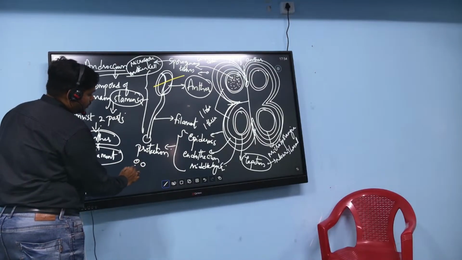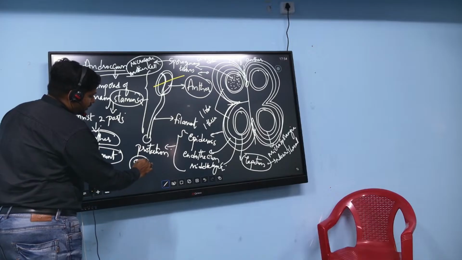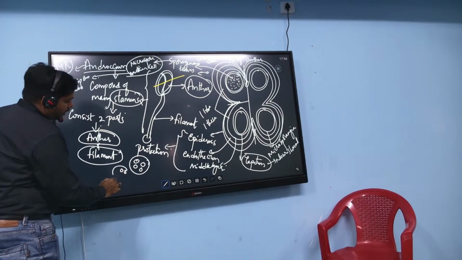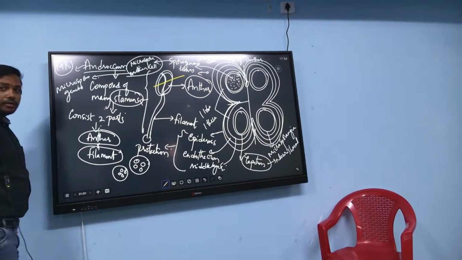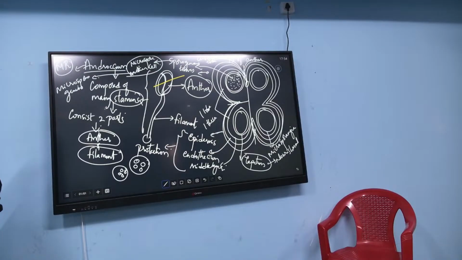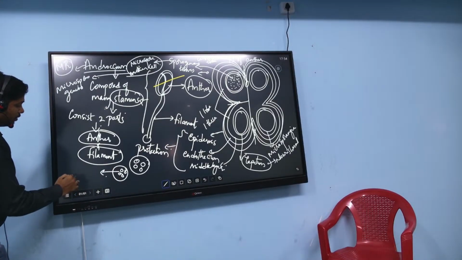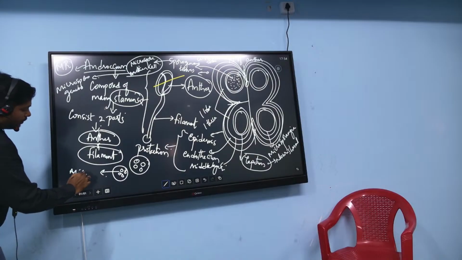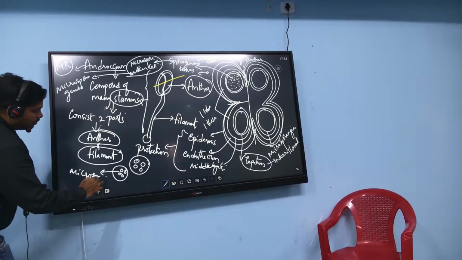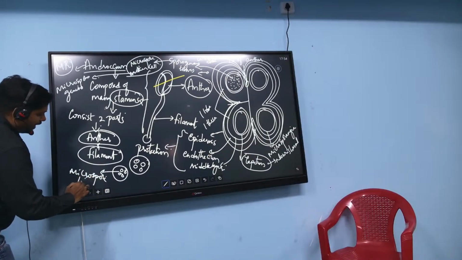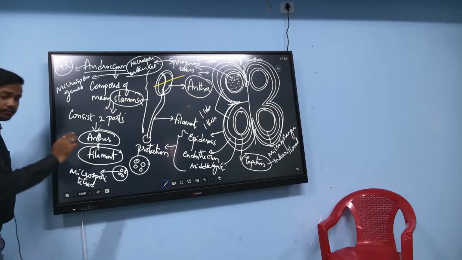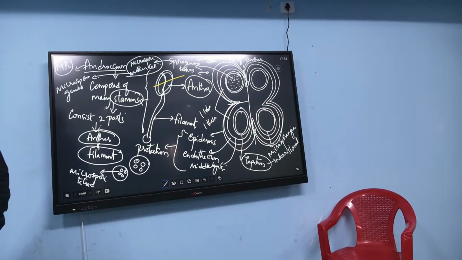Each microspore mother cell will produce four microspores. When it is four microspores, it is called a microspore tetrad. Did you understand till here?